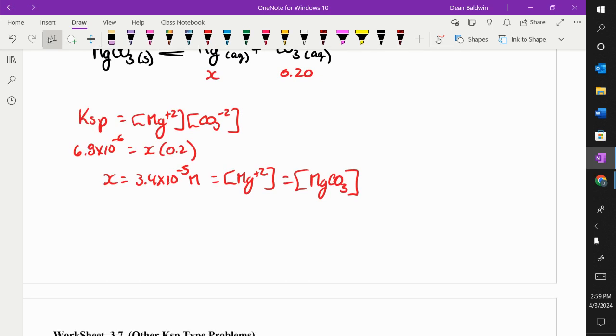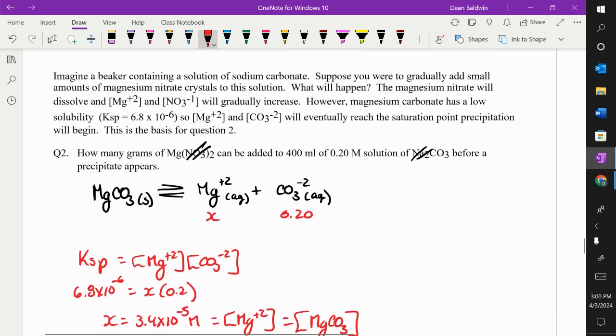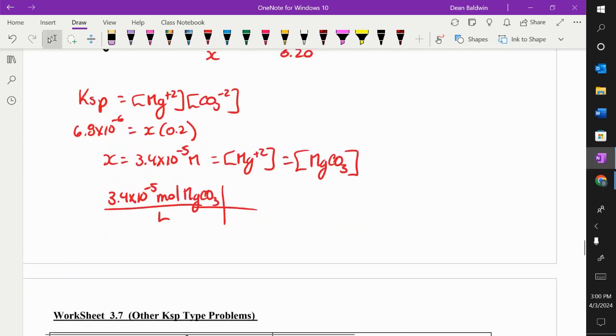So 3.4 times 10 to the minus 5 moles per liter of MgCO3. How many liters do we have? 0.4 because it's 400 mL. 0.400 liters.